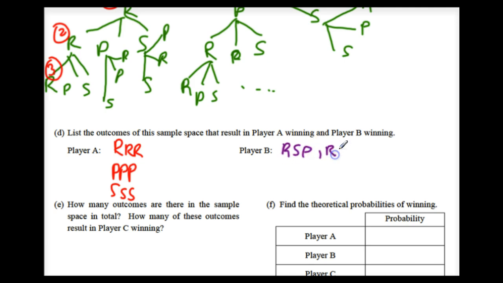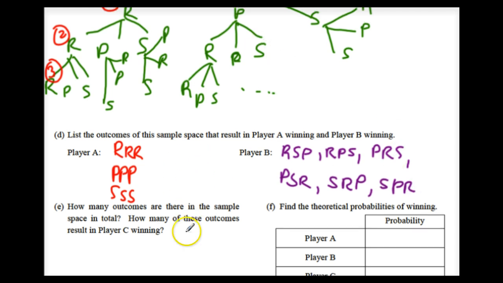Or it can be rock, paper, scissors. Remember, it has to be all different. Then paper, scissors, rock; paper, rock, scissors; and scissors, paper, rock. So player B has 6 choices.